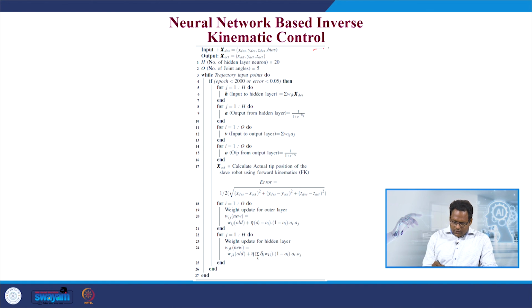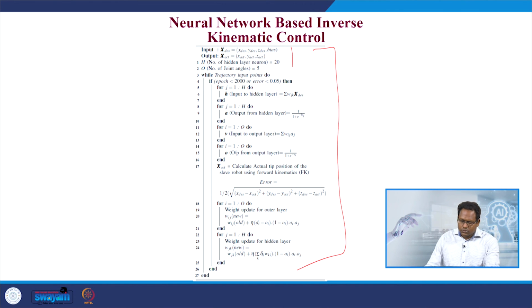And here is the pseudo code for this inverse kinematic control based on neural networks. Given the desired value, continue the loop with a condition for stopping: if the error is less than a tolerant value, stop the loop, or else continue.